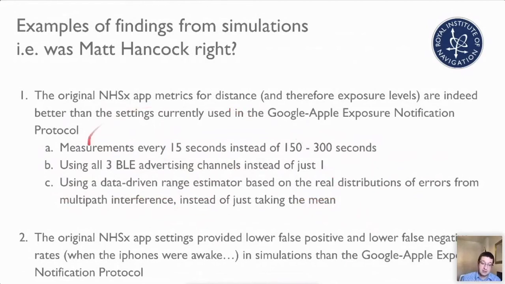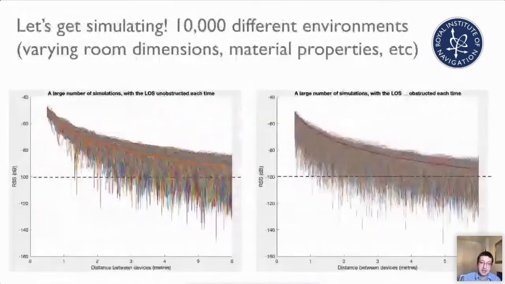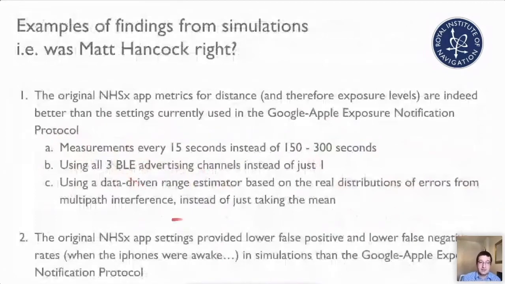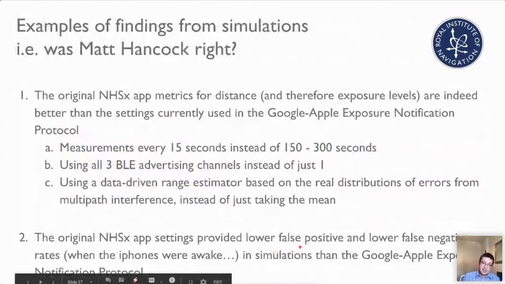And basically using lots of simulations and these settings, it was very easy for me to confirm quite quickly that the original NHSX app settings definitely would provide lower false positives and lower false negatives for a contact tracing app, unless the iPhones are asleep 95% of the time, which of course was the problem, in which case that obviously means huge false negatives, missing loads of interactions with devices.